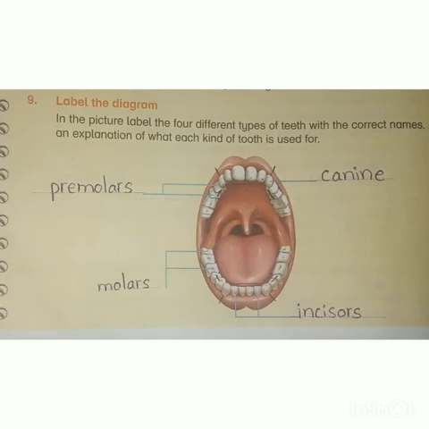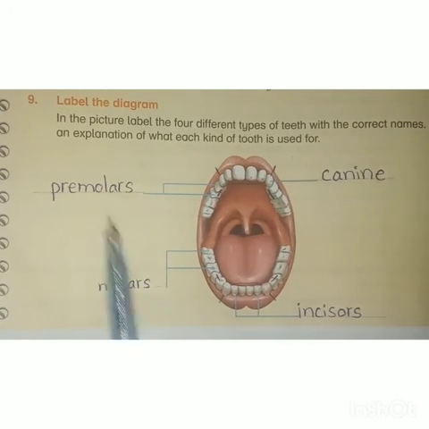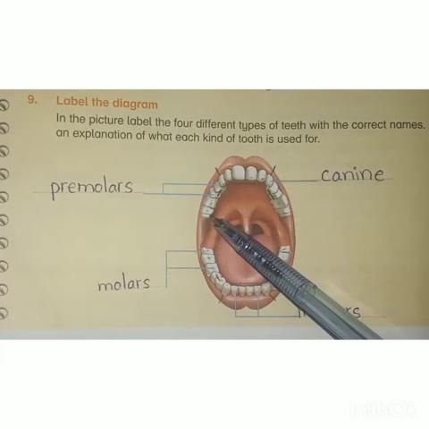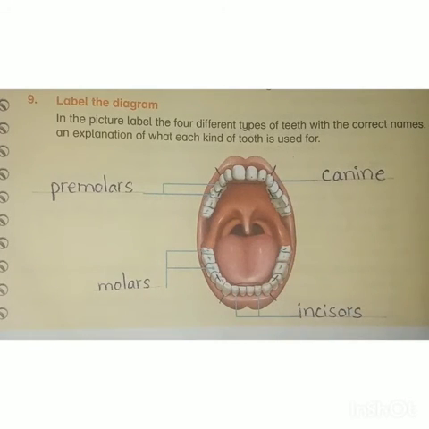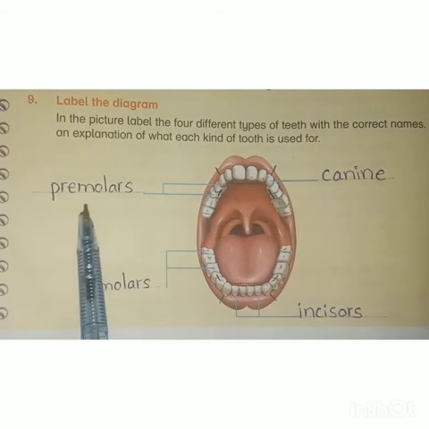Next, the third type of teeth are premolars. Premolars are bigger than canines and incisors, and premolars are found between canines and molars. Canines have a pointed surface, but premolars have a flat surface.